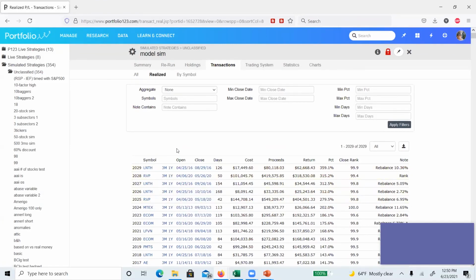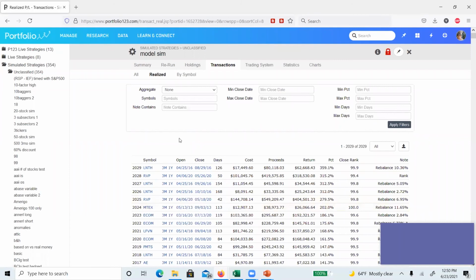And I remember how wild the price was. It was a 5-bagger for me, I think. And so you might want to exclude that, rerun the simulation without LNTH and without RVP, and see if your returns still hold up.